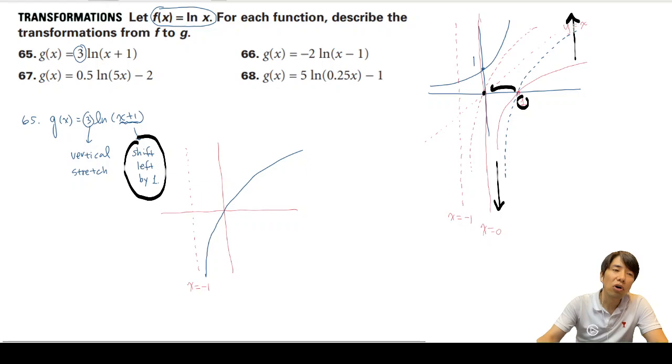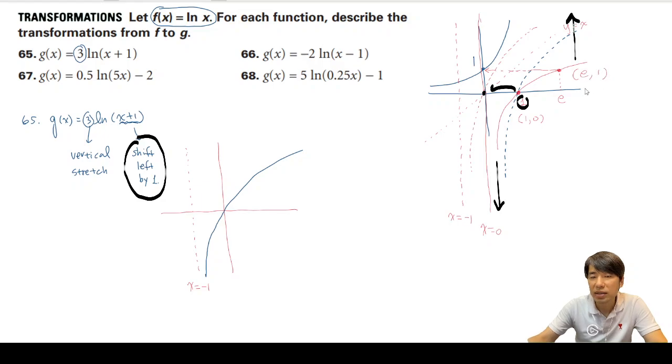For the log graph, there's a reference point too. That's 1, 0. And let's pick the second point over here. When x is e, the y value would be 1. That's e, 1. That's the exact opposite of the exponential function.